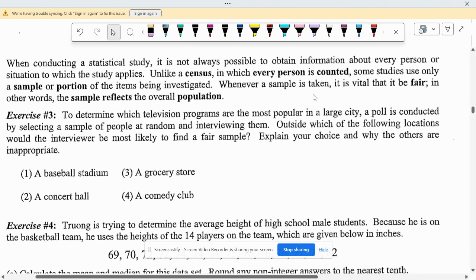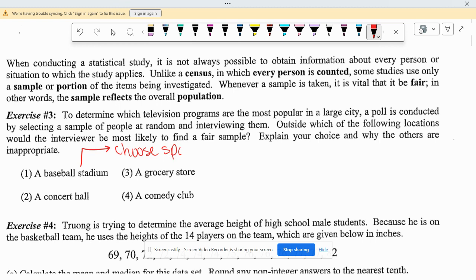Okay, so more likely to choose sports. So they may have a sport bias. Okay. What about people outside of a concert hall?